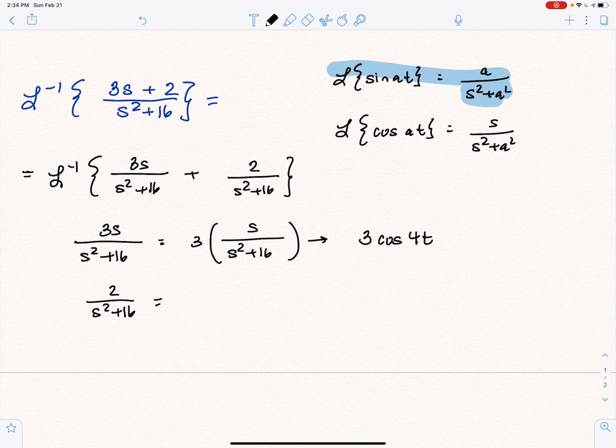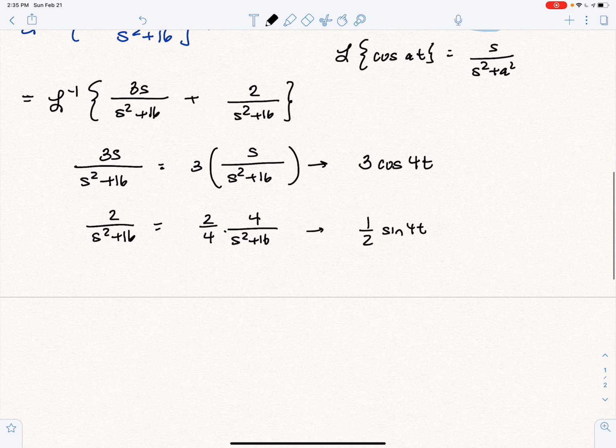We're expecting a 4 in the numerator when we have a 16 in the denominator. No fear. I'm going to rewrite this that I have 4 over s squared plus 16, but then I had to multiply by 2 over 4 to get the original 2 over s squared plus 16. So that means that we have transformed 1/2 sine of 4t.